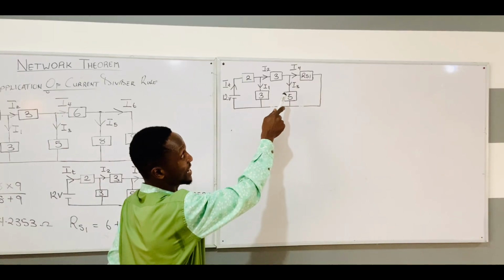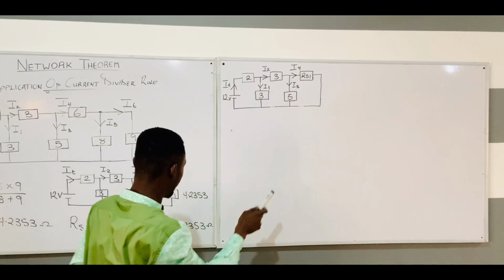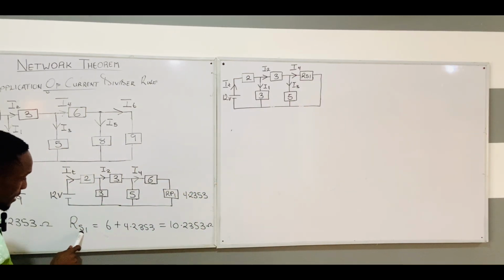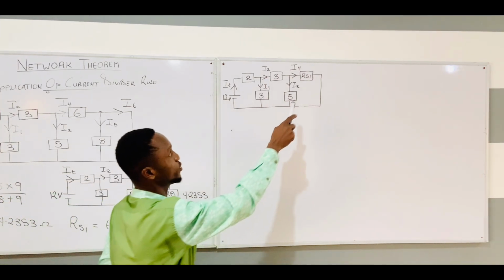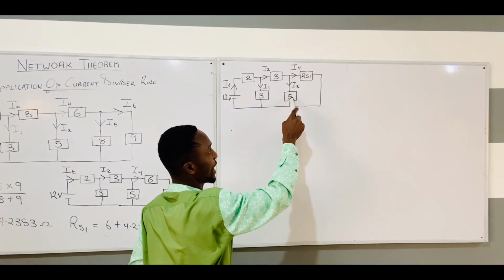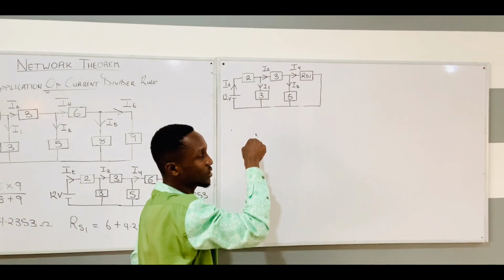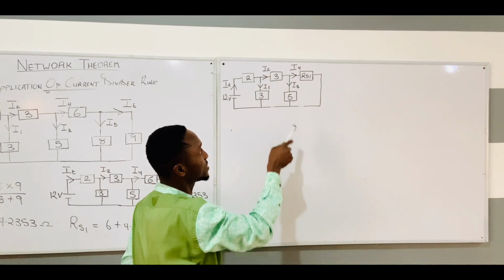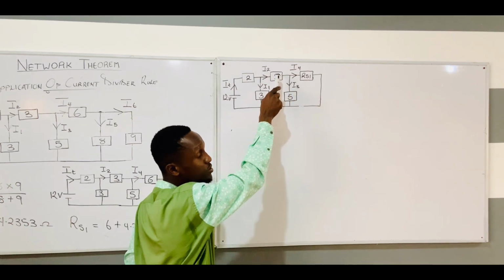Now you look at the diagram very carefully, you could see that now RS1, which is the one that we calculated here, is parallel to this 5. Okay, so now we can resolve 5, RS1 and 3 together. I'm not going to draw the next circuit. What it means is that this and this will be parallel and it will be in series with this one.